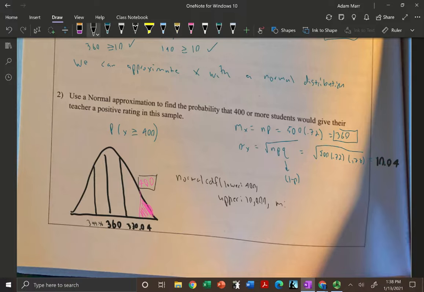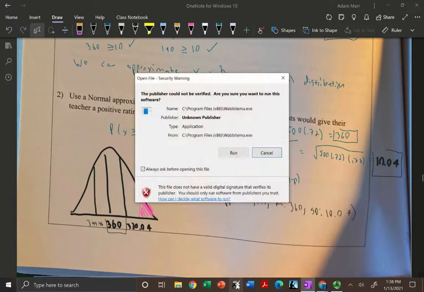My mean is 360. And my standard deviation is 10.04. You put all this in the calculator, and you have to go under VARS, don't forget. Just to remind everybody how to do that.